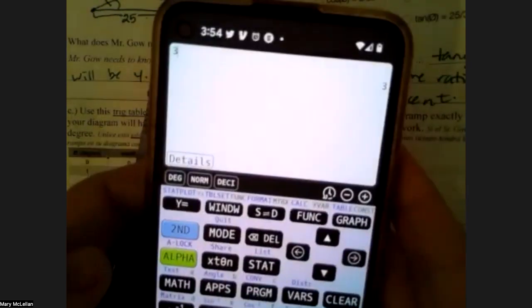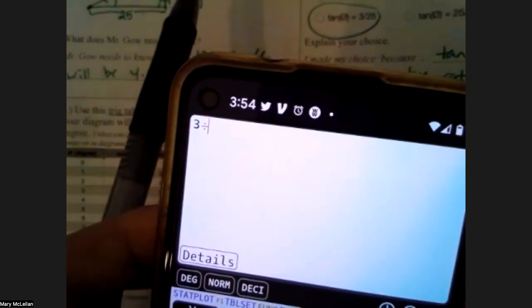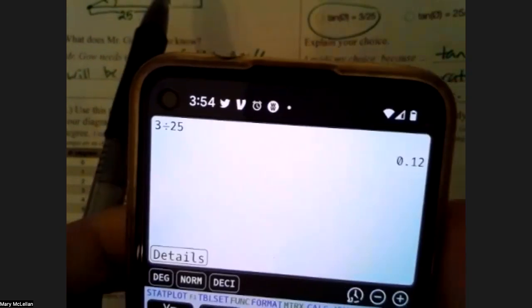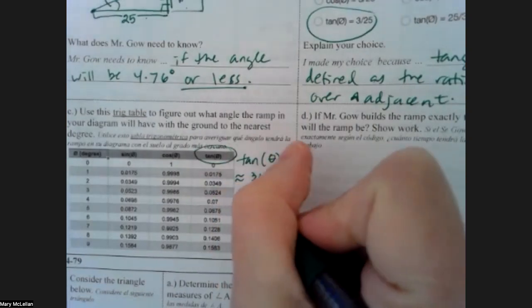I put 3 over 25 in my calculator. Here I go, getting my calculator. 3 divided by 25 equals 0.12. So I need my tan of my angle to be about 0.12.